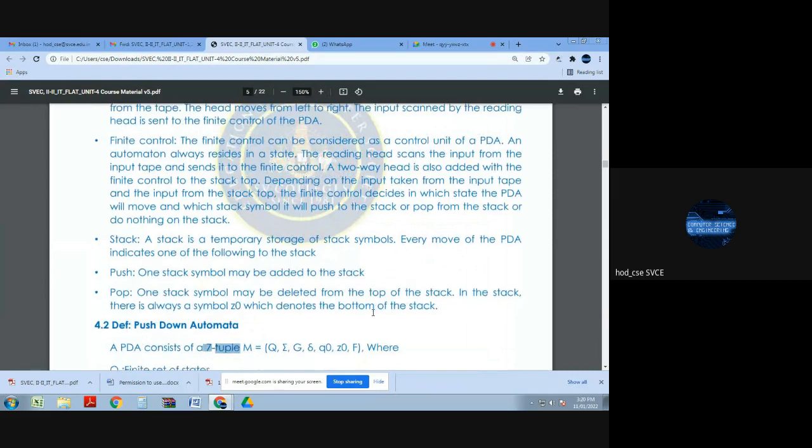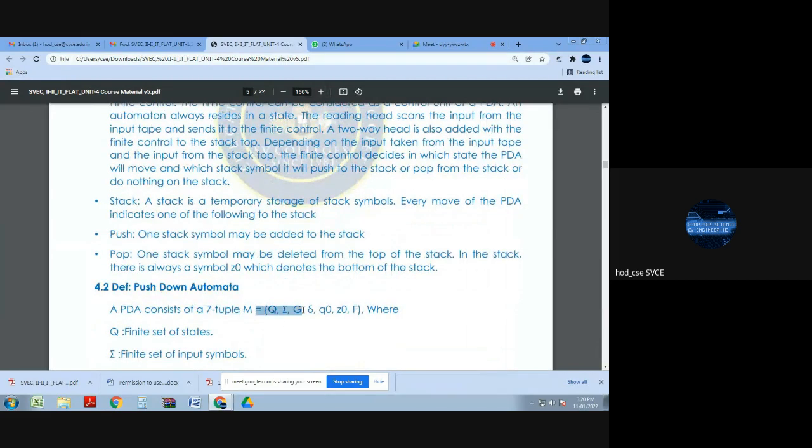What are those tuples? We already know some of them: Q, sigma, del, Q0, and F. Q represents the finite set of states.